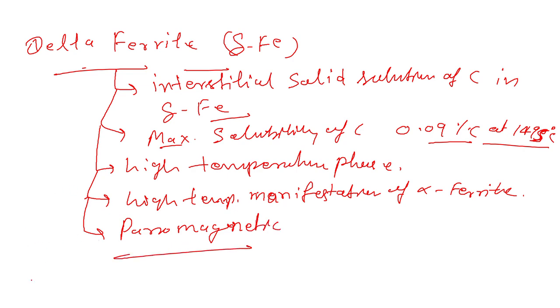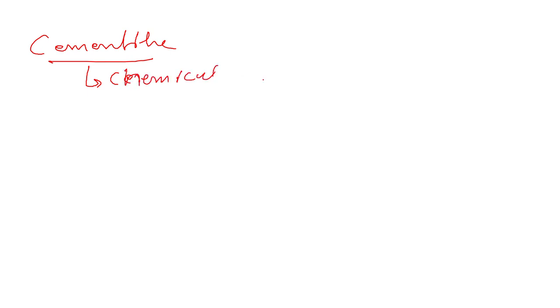So the next phase is cementite. Cementite has the chemical formula Fe3C. It is also called iron carbide.